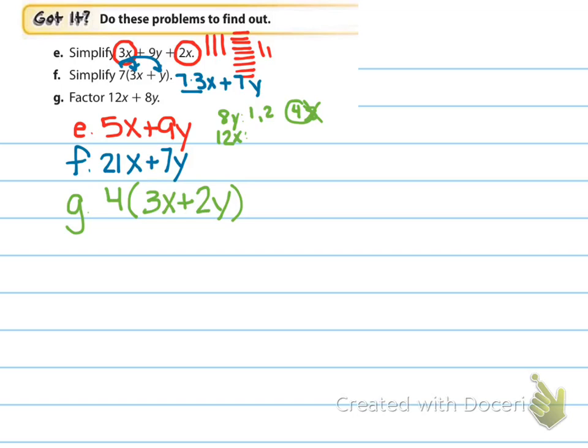For F, I did distributive property, so I did 7 times 3 times x plus 7 times y, and so I have 21x plus 7y. And then when I was factoring out, I found that 4 was my best number to factor out of 12 and 8. So I did 4 on the outside of my parentheses, and then I divided by 4. The 12x divided by 4 was 3x, and then the 8y divided by 4 was 2y. And so that's how I got my answer.